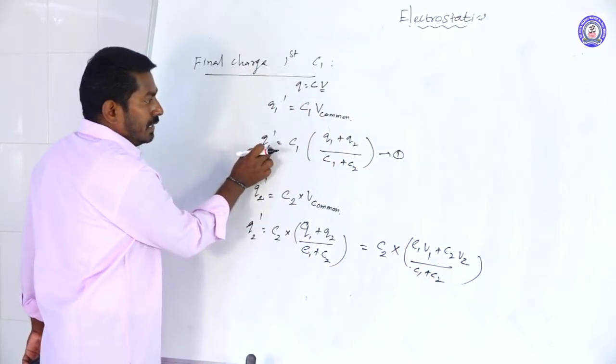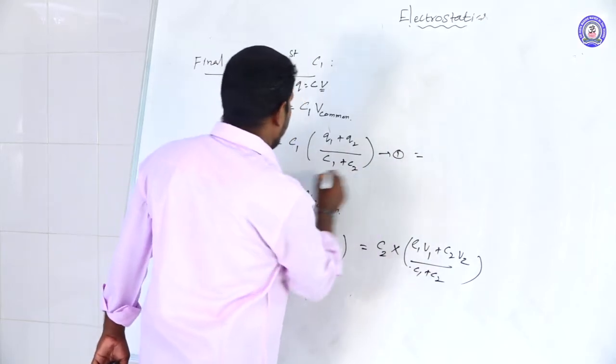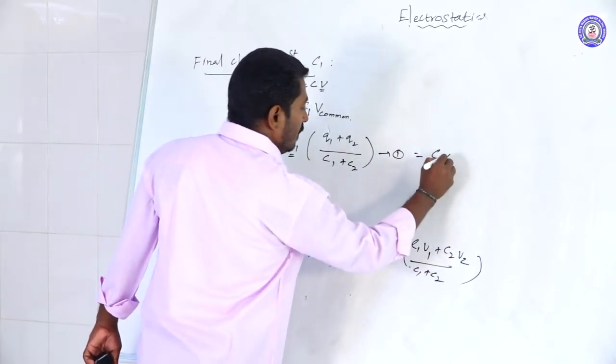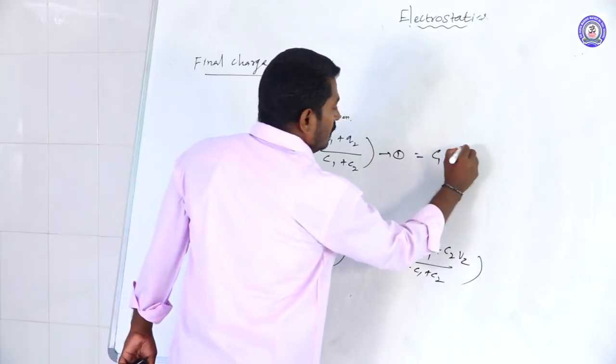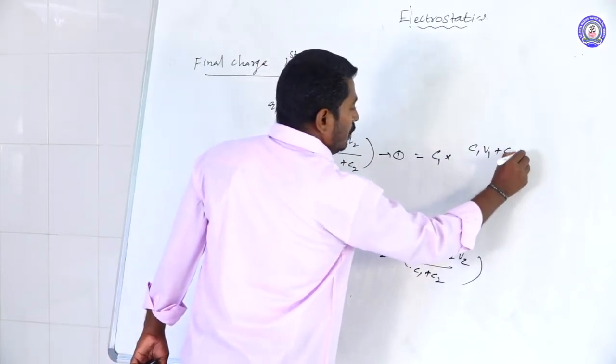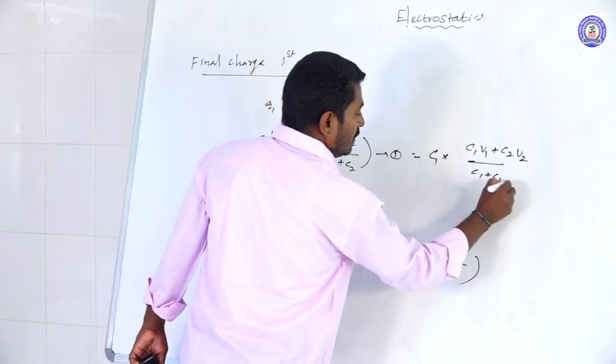Then the final charge on the first capacitor is equal to C1 times the common potential, C1 V1 plus C2 V2 divided by C1 plus C2.